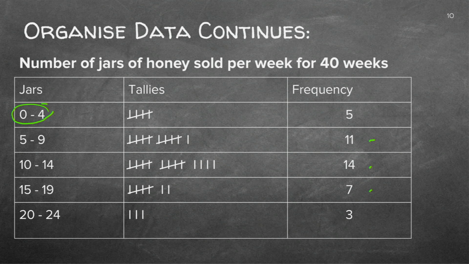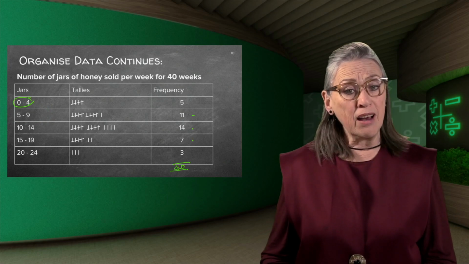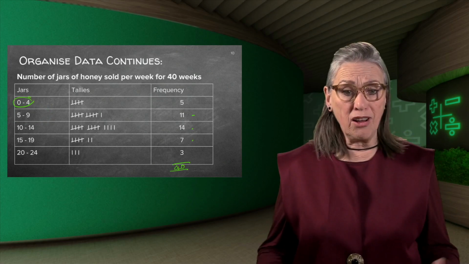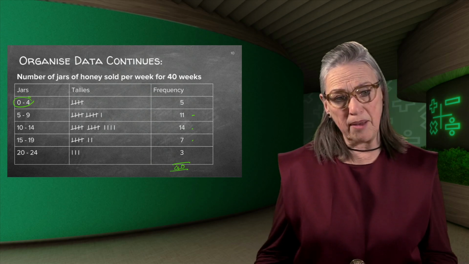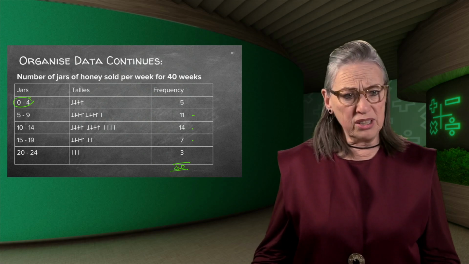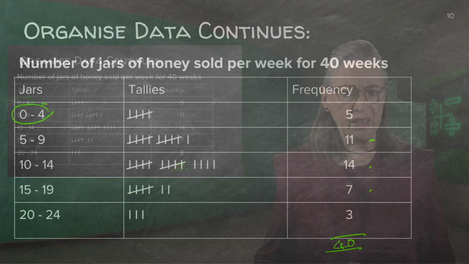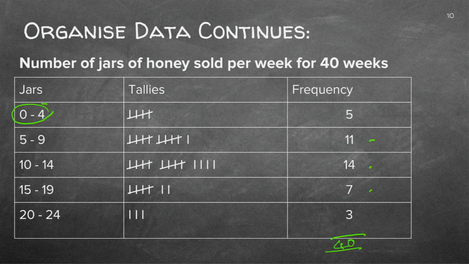So how can we check this? We can add this up and make sure that we get 40, so we've got it all well represented. So now again, we can answer questions on this information. We can say what happened when she sold 10 to 14 jars, like that is the amount that she's selling more often. So now why do you think that is the case?